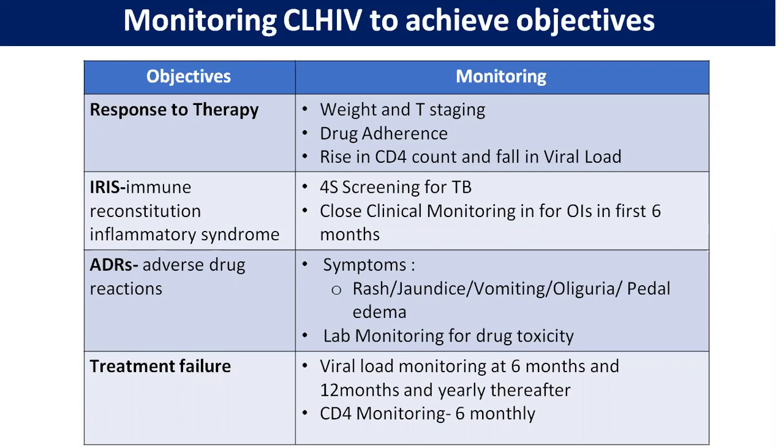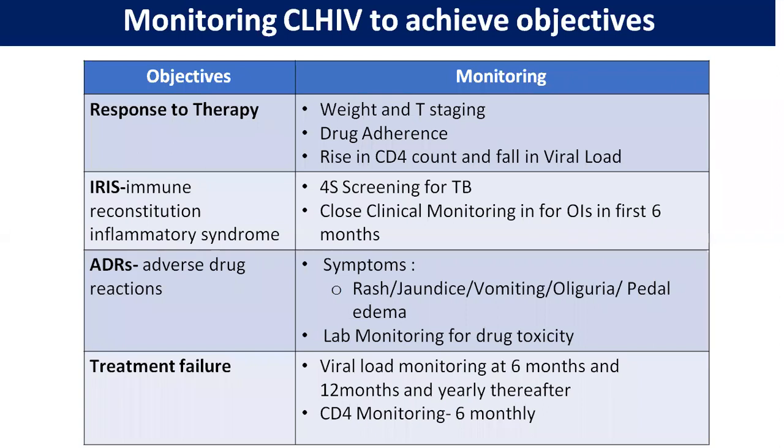So always ask if there is any vomiting after taking the drug, within 10 to 15 minutes. If it's more than 30 minutes, okay, it has gone to the stomach and it might have been absorbed. But within 30 minutes, if there's any vomiting, that means that the drug was not absorbed in the gut. You have to repeat it. So very important, not only the pill count, not only asking whether he is taking medicine or not, but whether the baby has vomited or not, that too is very important.